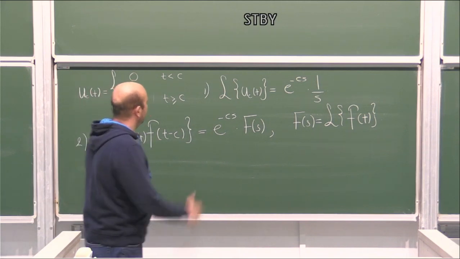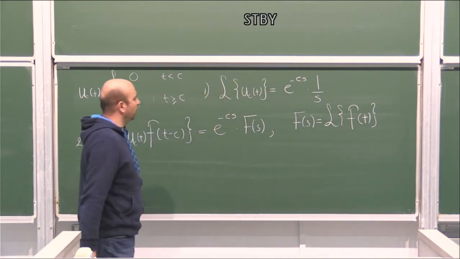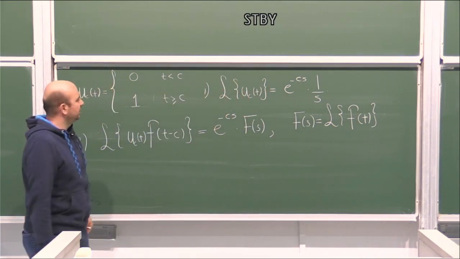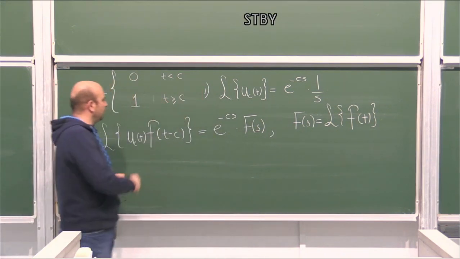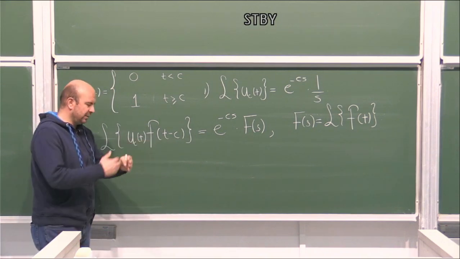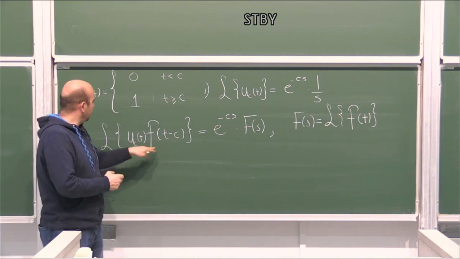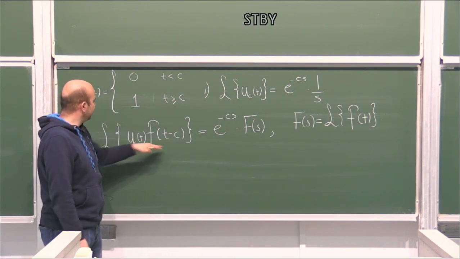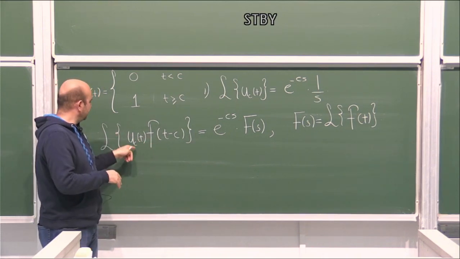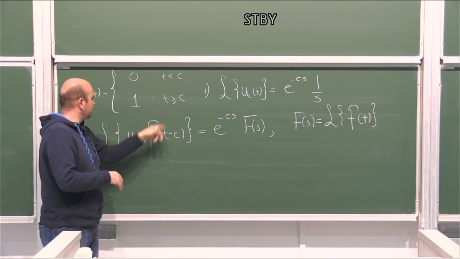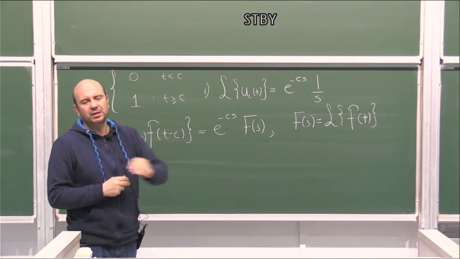You have a signal f which starts from 0 to infinity, and its Laplace transform is capital F. Then what does this formulation say? f of t minus c says you are shifting your signal to the right, and when you multiply with this unit step function, between 0 and c it's completely 0, and after c it becomes just the shifted f. So in terms of signals, this means there is a delay in your signal.